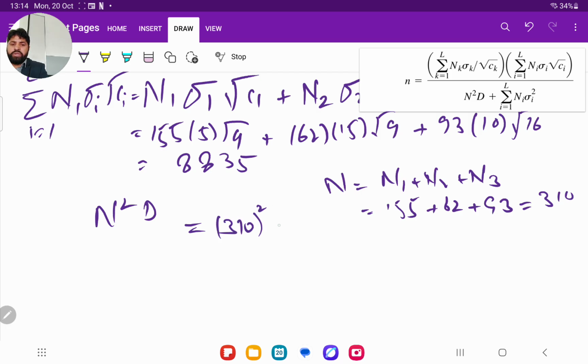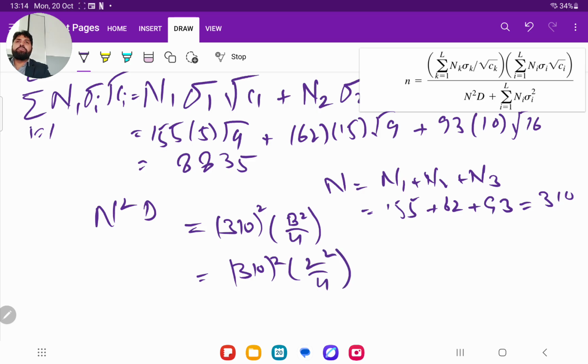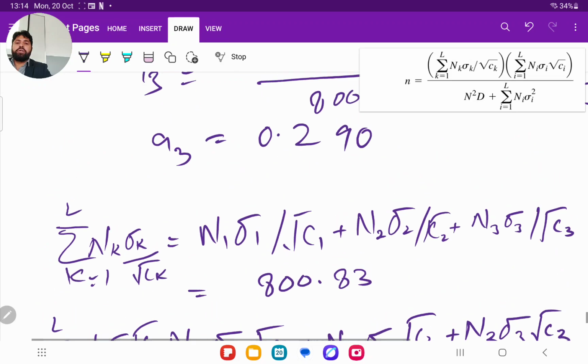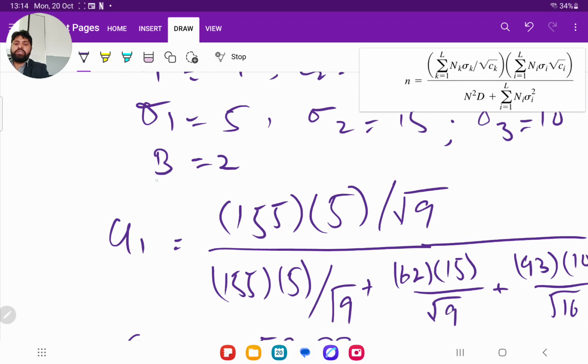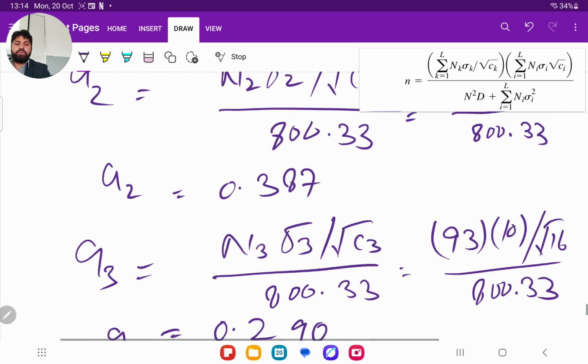So it means that n square is 310 square into d. So d is equal to b square over 4. And what is b? b is given by 2. I have mentioned previously, b is equal to 2.